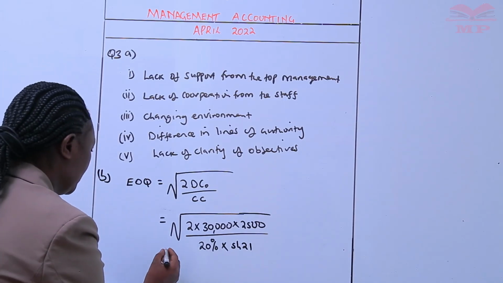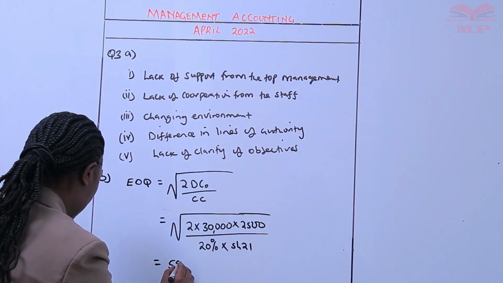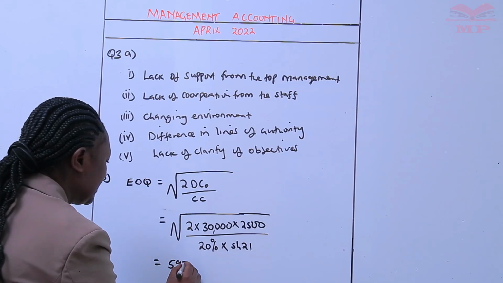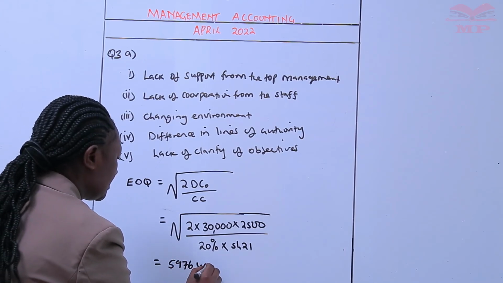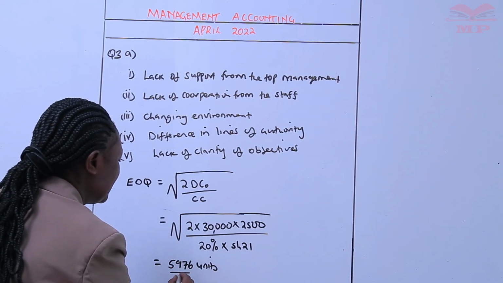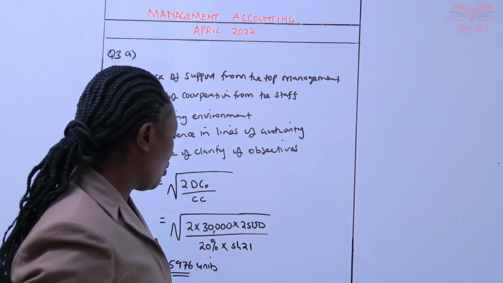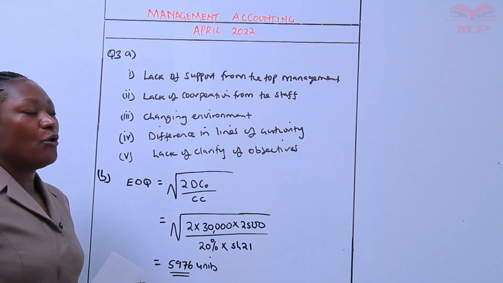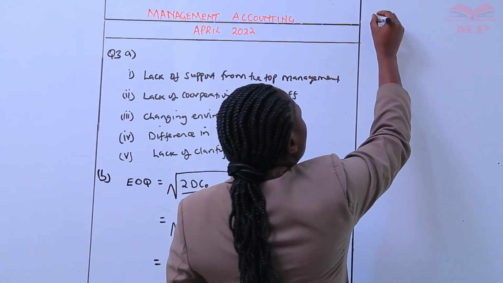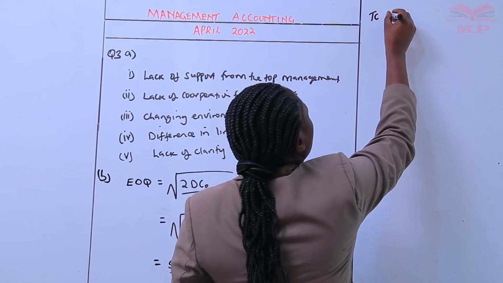When you solve this, you'll get 5,976 units. So this is the current economic order quantity at which the firm is placing orders. Then you also need to calculate the total cost. How do we calculate the total cost?